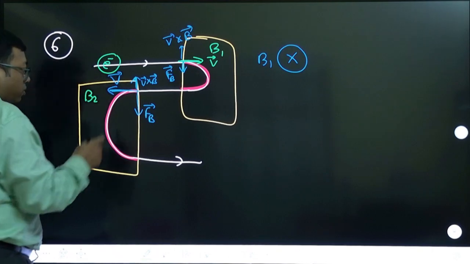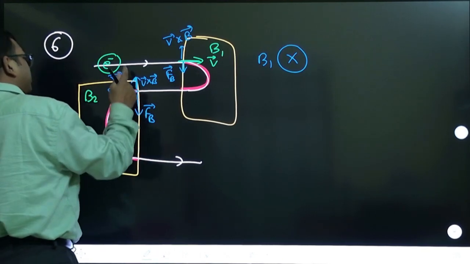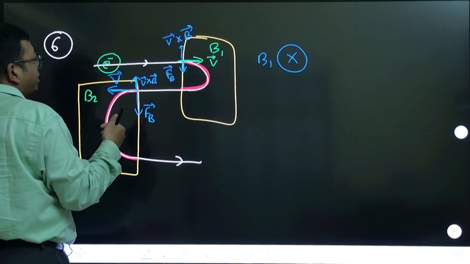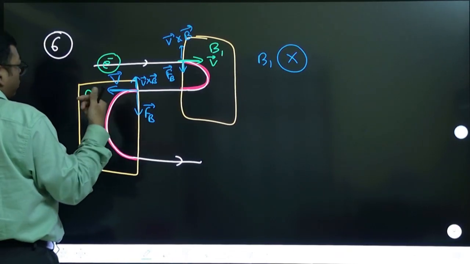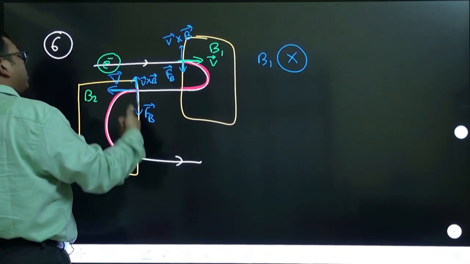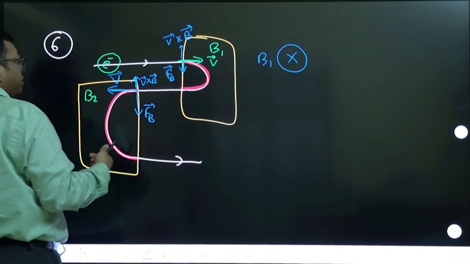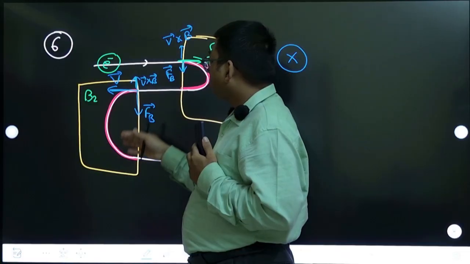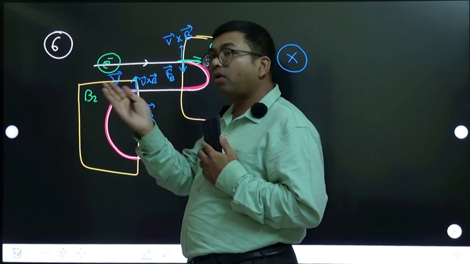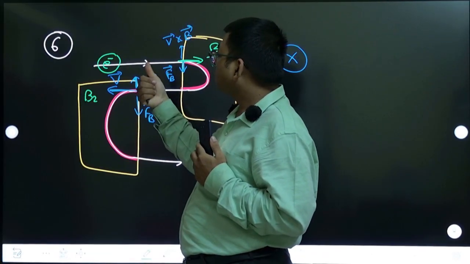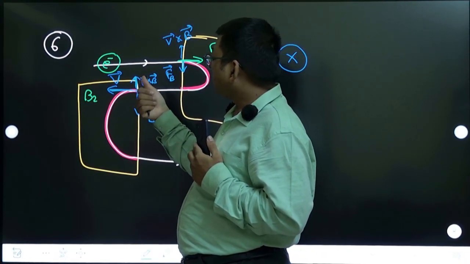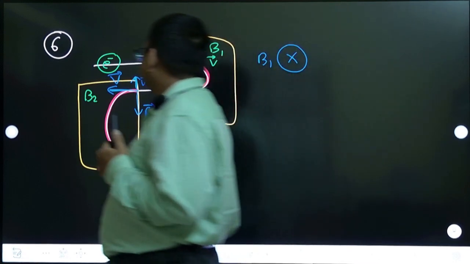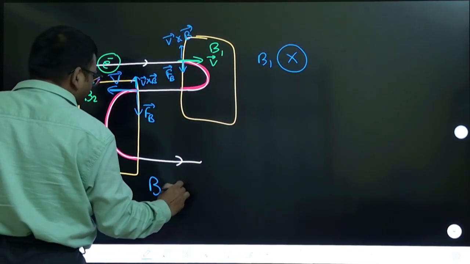Suppose the magnetic field is coming outward, then V cross B will be upward if this is the direction of velocity. Because the charge is negative, the force will come downward, right? So this B2 must be outward, B2 must be dot.